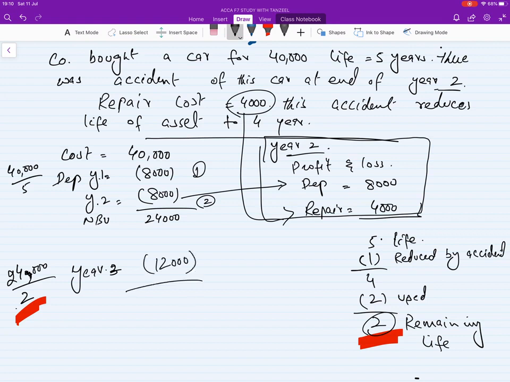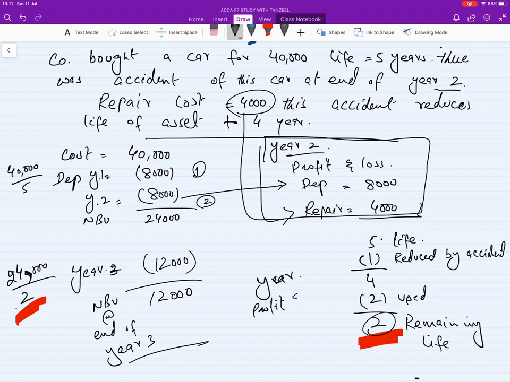The new depreciation is 12,000. So this will be the NBV at end of the year 3. In the year 3 profit and loss, depreciation expense will go. Depreciation expense was 12,000.